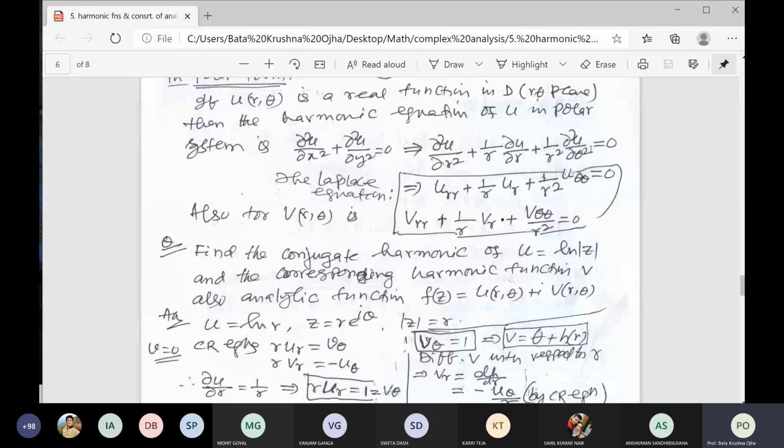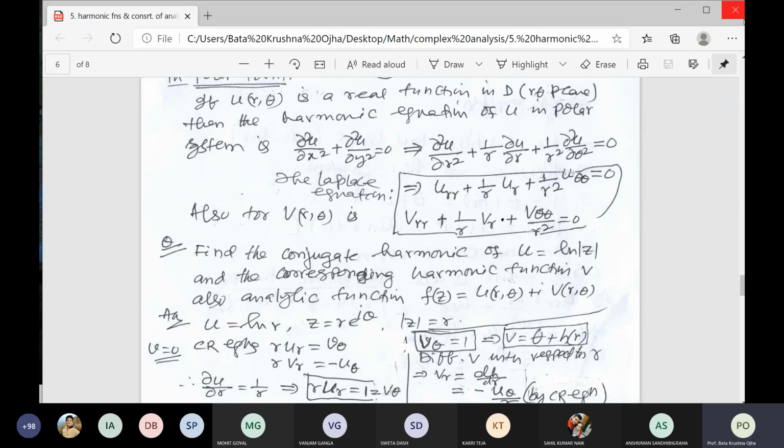The derivation for this is in vector calculus, how rectangular converts to polar. Here you just remember this equation. If you use a function of r and theta, the Laplace equation in rectangular form has two terms, while in polar form it has three terms. Del square u by del r square, then 1 by r first derivative with respect to r, plus 1 by r square del square u by del theta square is equal to 0.